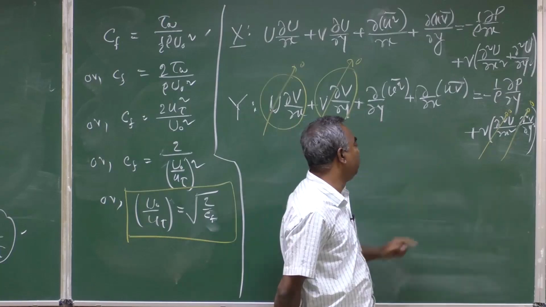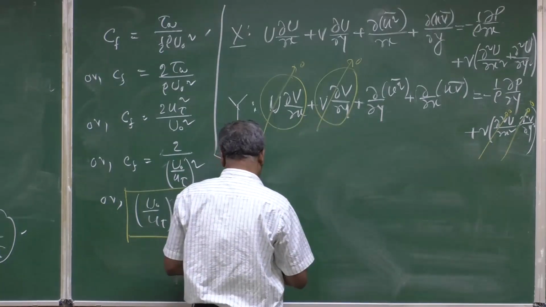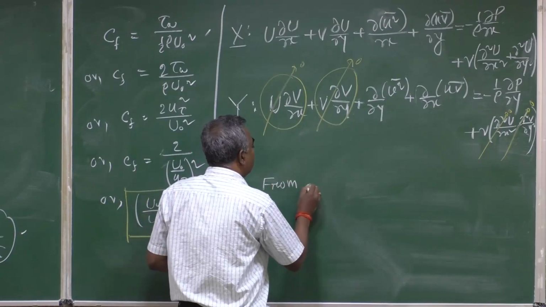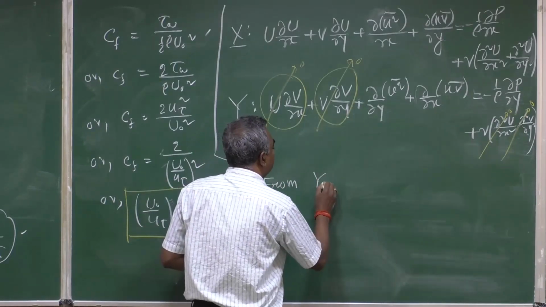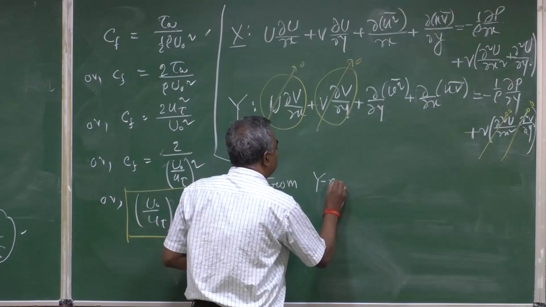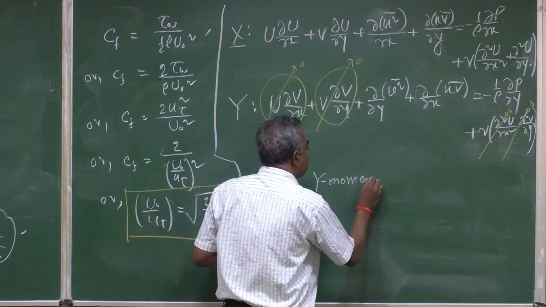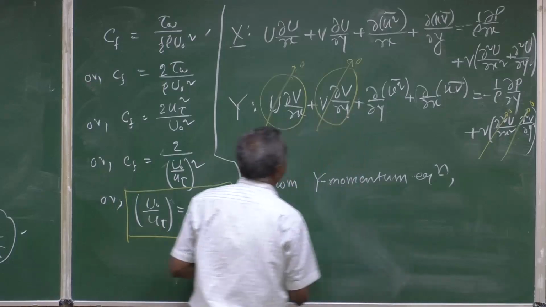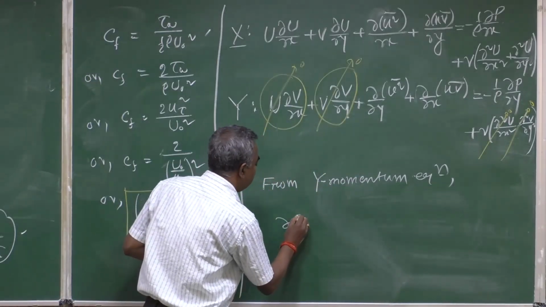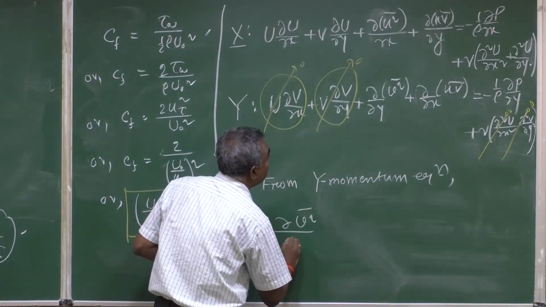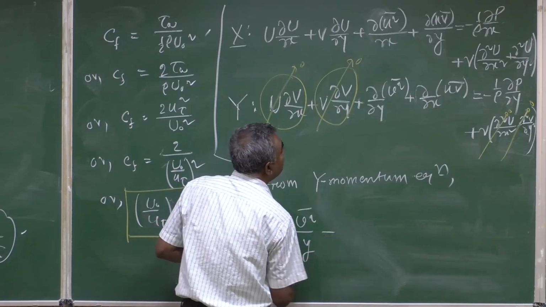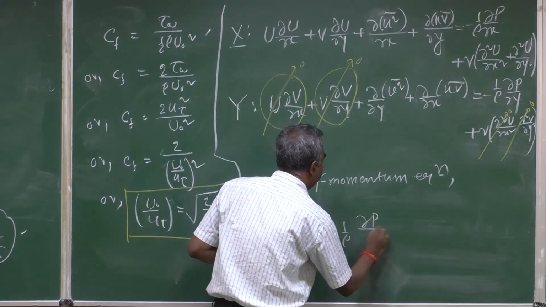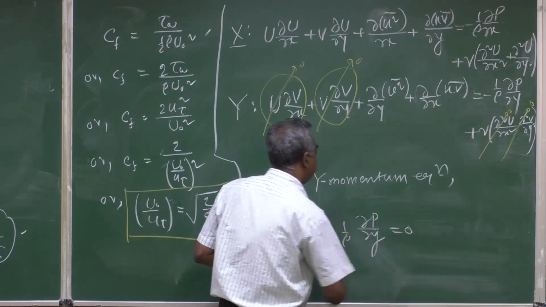If we do so, then from the y momentum equation you will be able to write that ∂(v square bar)/∂y plus 1 by rho ∂p/∂y is equal to 0.